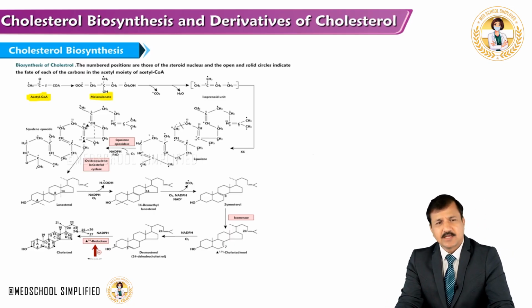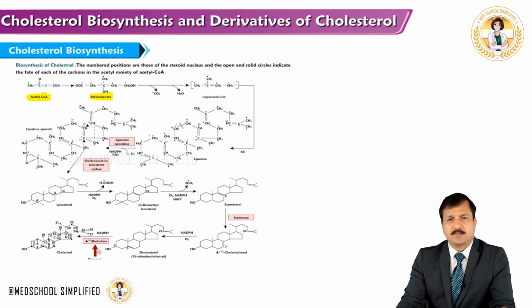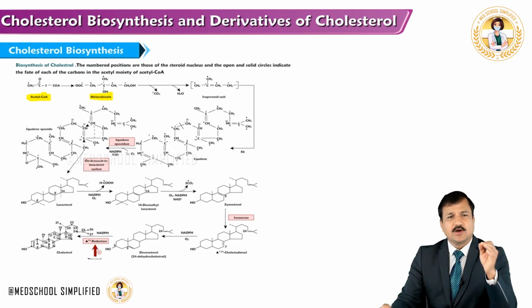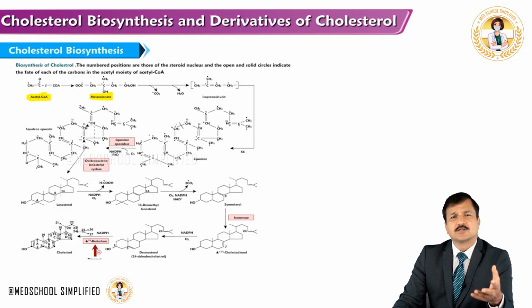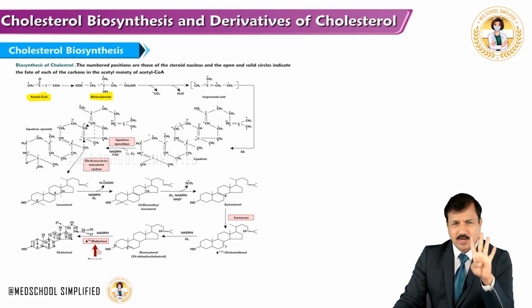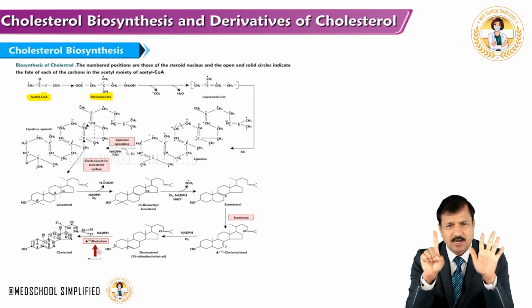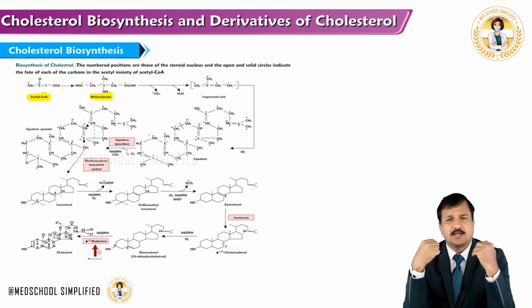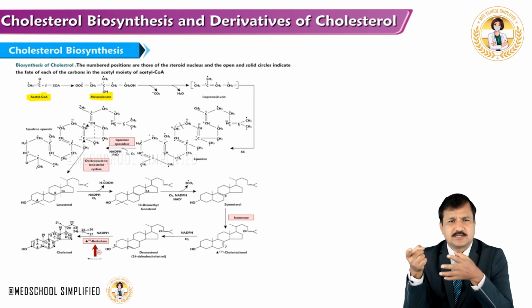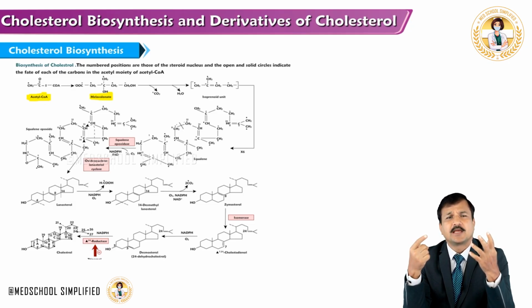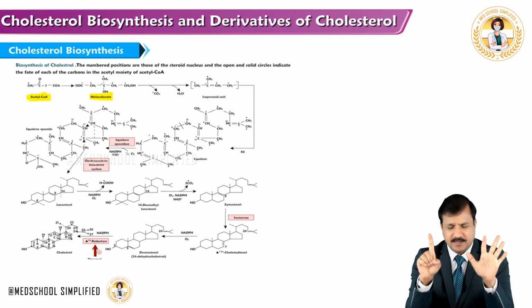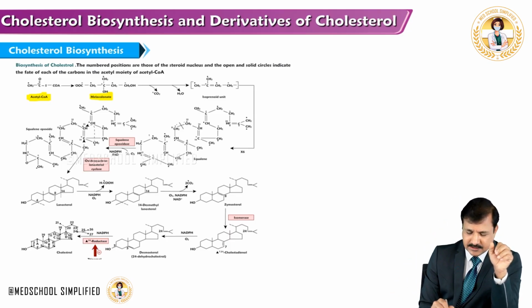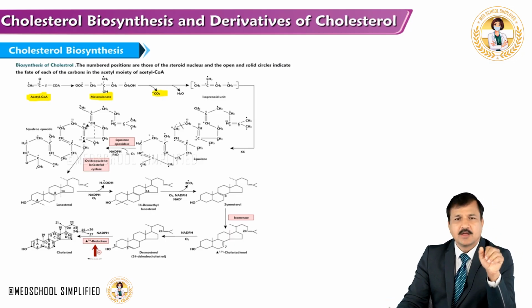And note that mevalonate is a 6-carbon molecule, and by that time we have already used 3 acetyl-CoA.